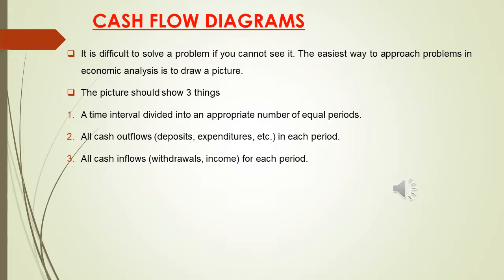The whole time is divided into parts. Then cash outflows, which are deposits and expenditures in each period, and cash inflows, which are withdrawals and income for each period.